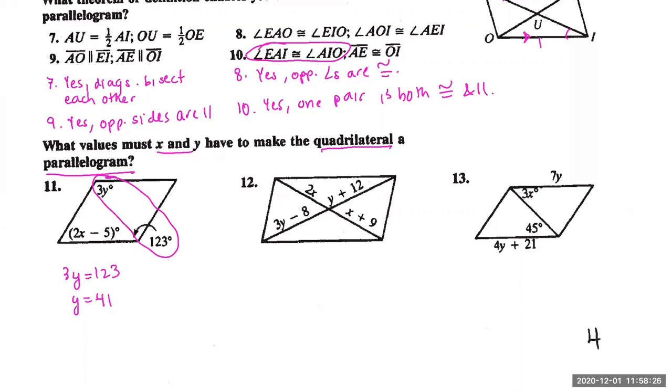Okay, once you guys solve for y, x is a little bit harder though. One person who answered for x, I don't think x is correct. So when you guys are thinking about x, you have a couple of things you can do. You can either plug 41 back into this and understand that this whole thing is 123, or you guys can go in this direction. What type of equation would you guys set up for the relationship between 2x minus 5 and 123?